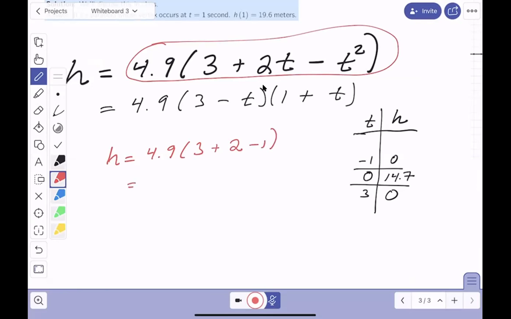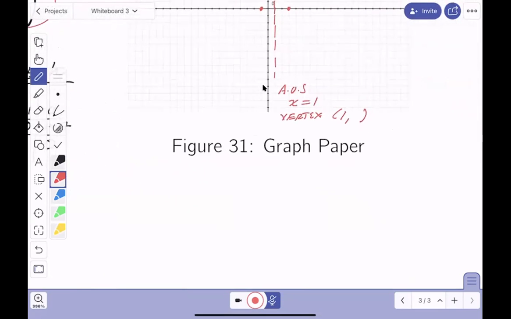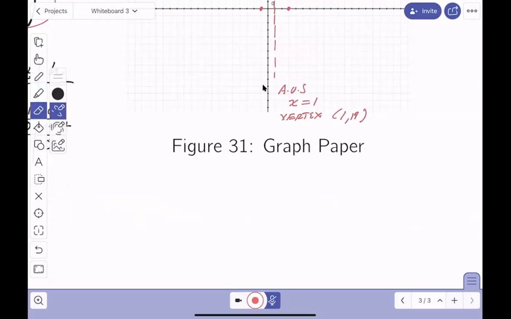Let's keep going. 4.9 times, 3 plus 2 is 5, 5 minus 1 is 4. Oh boy, I've got to do that arithmetic, right? So I'll say 4 times 5 is 20, but then I've got to take away 0.4 from it, so it's 19.6. I'll write that down now. You know what? I need a little space here. I'll get my eraser out.